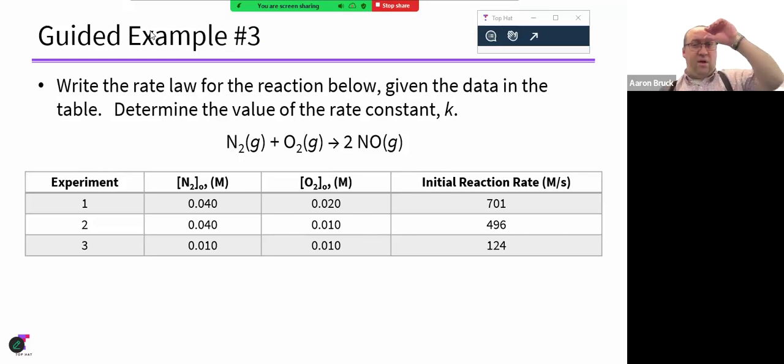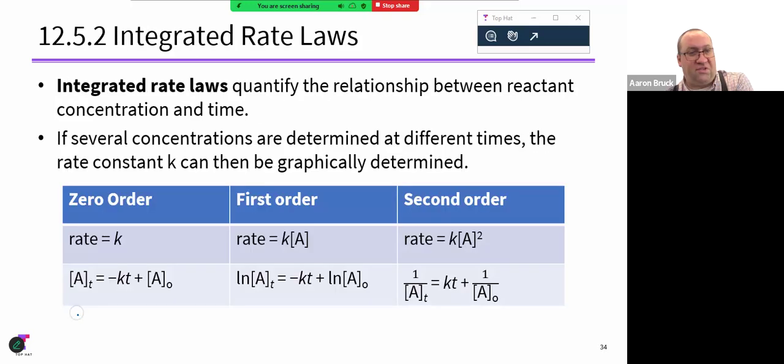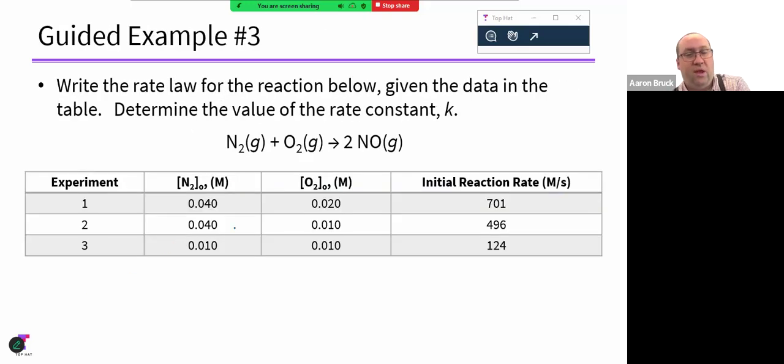All right, so most of you skipped to the nitrogen, which was the smart thing to do. And you recognized, okay, the oxygen is being held constant. The nitrogen decreased by a quarter. And if you do the math, 124 divided by 496 is also a quarter.